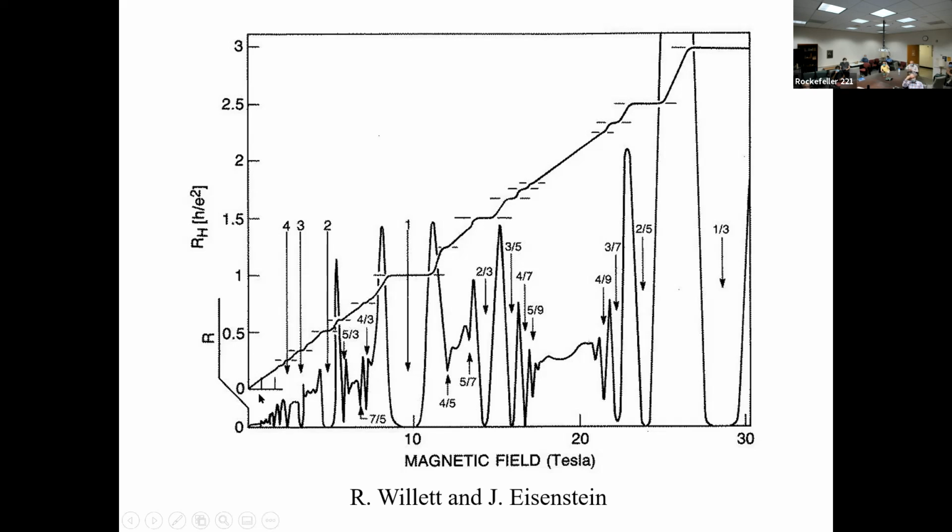Now, at relatively low field, you do see the standard linear dependence with the coefficient telling you the carrier density. However, as you go to high field, which is not that high by today's standard, beyond several Tesla, but all the way to 30 Tesla, which I think you still have to go to the mag lab to attain, you see a whole sequence of plateaus on which the Hall resistance takes a quantized value, h over e squared, which is a quantum resistance, divided by a number called the filling factor.